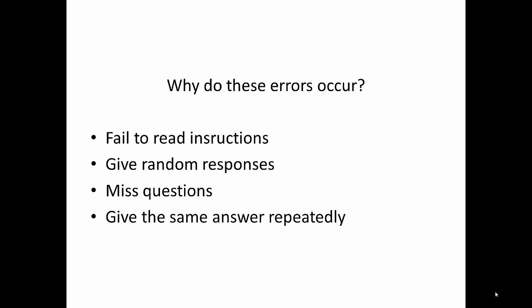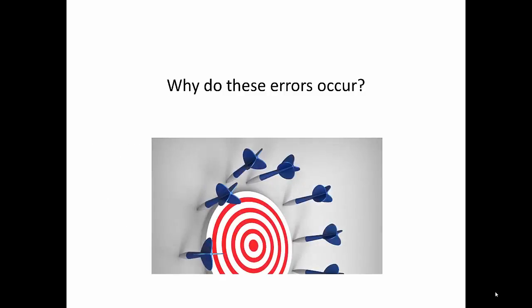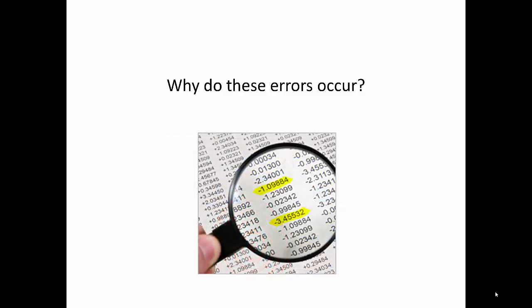All of these types of responses lead to errors and low-quality data. To combat this problem, researchers have developed ways to detect this kind of responding using sophisticated statistical analyses. A participant who is not paying attention, fails to read the instructions, or gives random or repetitive responses will be detected 95% of the time.